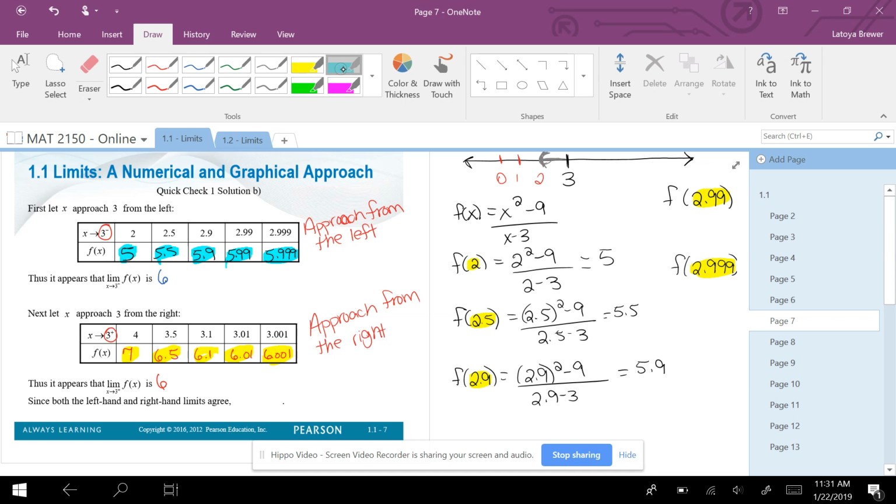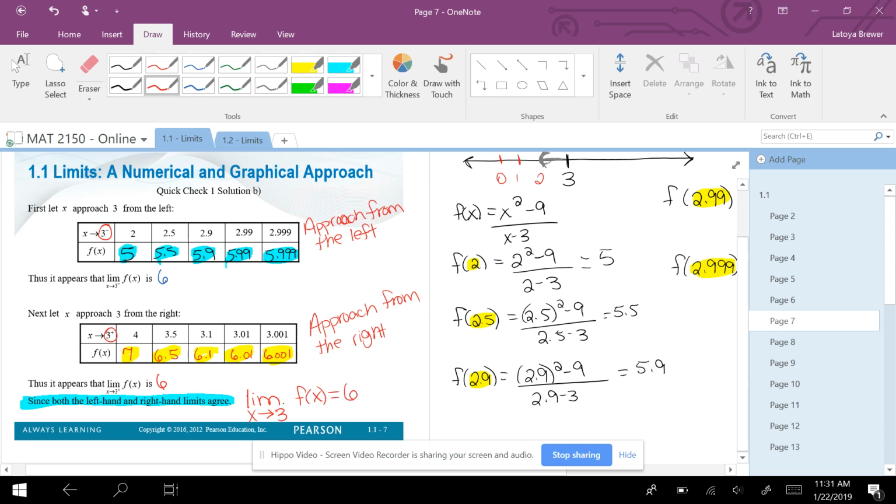But down here, I want to highlight this in blue. Since the left hand and the right hand limits agree, by that theorem that we talked about earlier, we can now say that the limit as x approaches 3 of f of x is equal to 6.